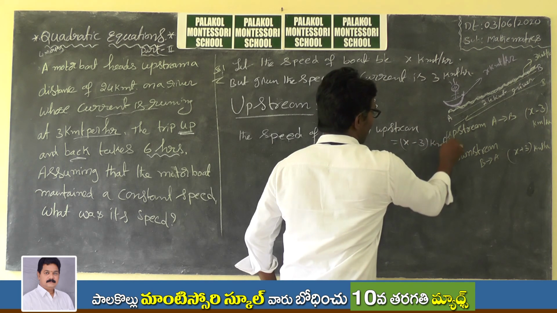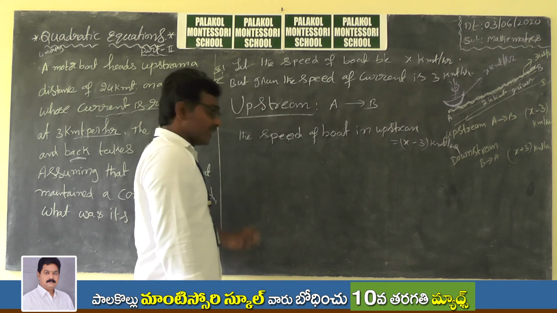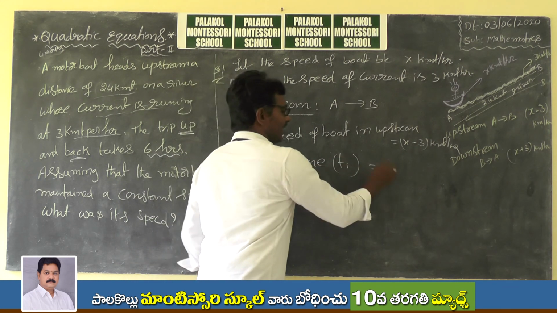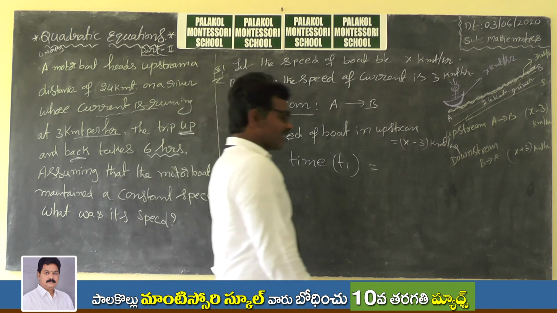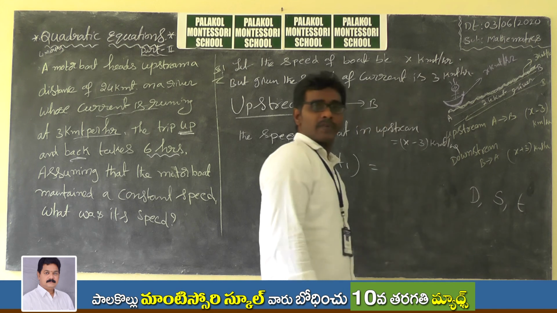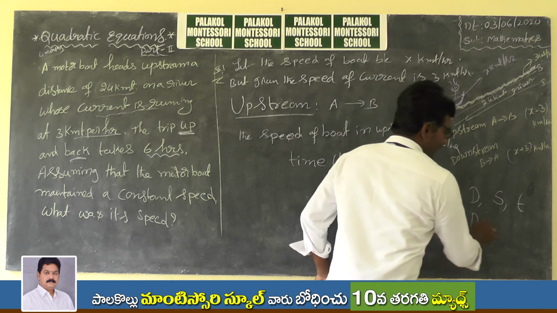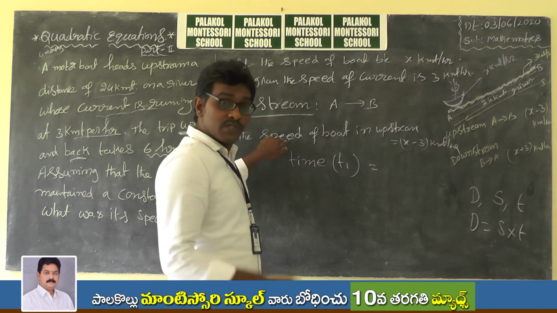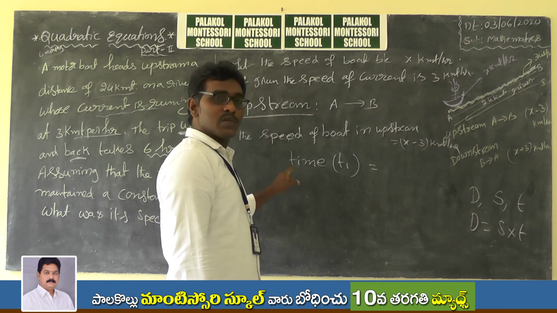If the speed is less, in that situation you calculate the time, you write T1. What is the relation between the distance, speed, time? Distance is equal to speed into time. Now in this case, time is what you want.